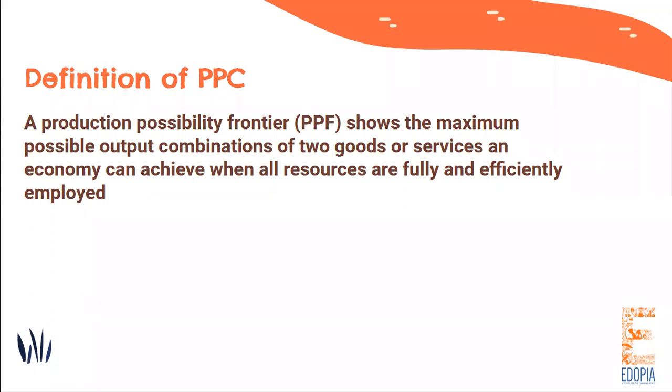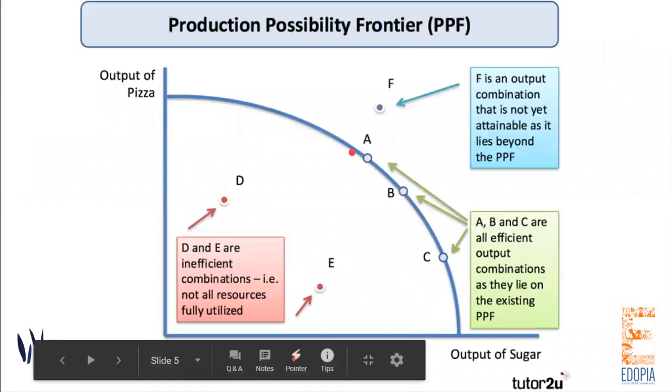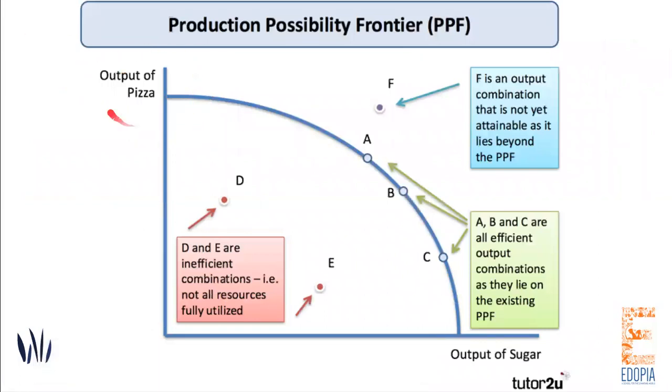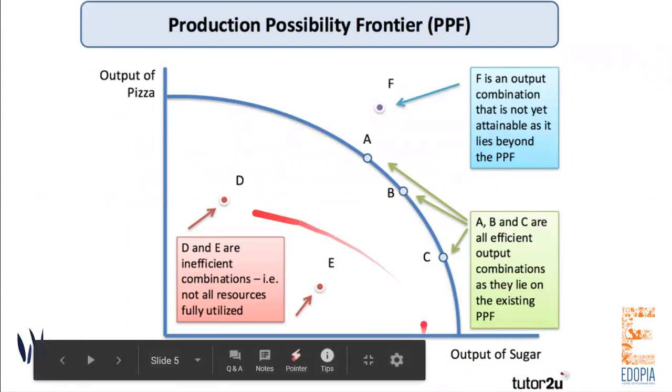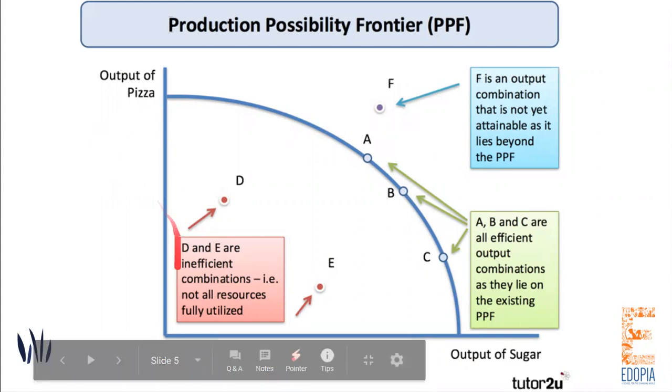Now we move on to the graphical presentation of it. On the vertical axis, it's one product; on the horizontal axis, it's another product. In this example, on the vertical axis, we have taken pizza, and on the horizontal axis, we have taken sugar.